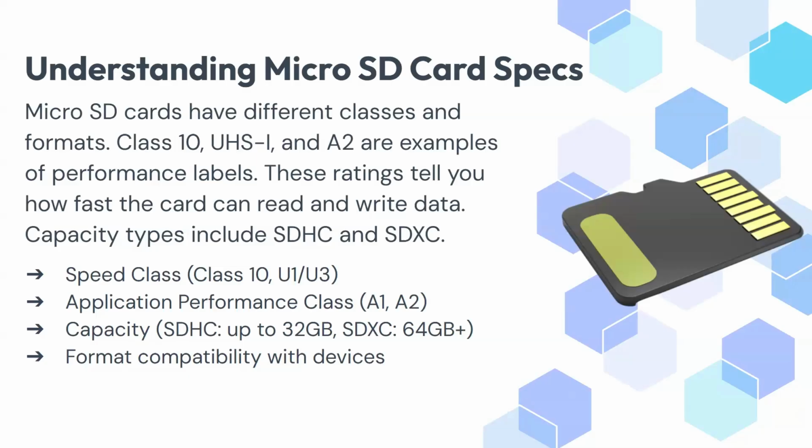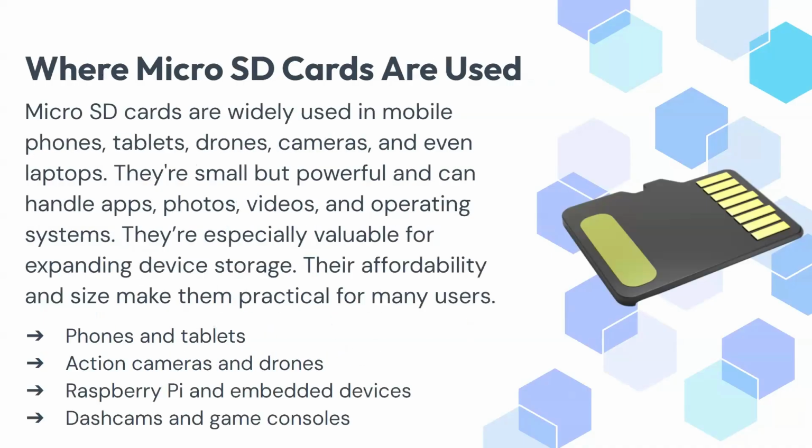Speed class is usually Class 10, U1, U3. Application performance class is A1, A2. For capacity, SDHC is up to 32 gigabytes and SDXC is over 64 gigabytes. And the cards have format compatibility with devices.